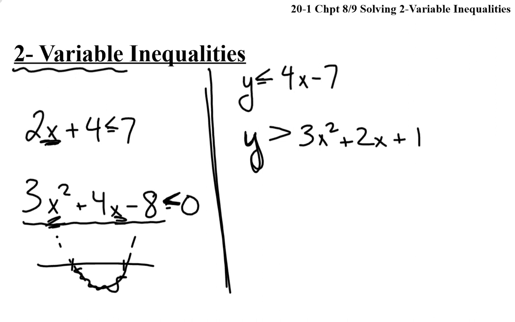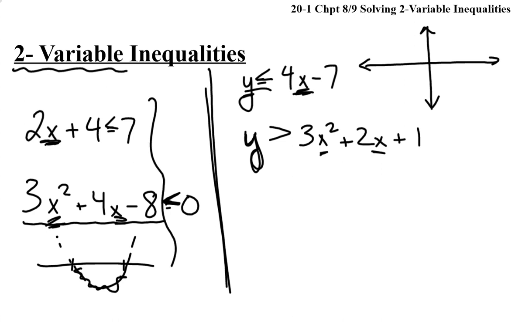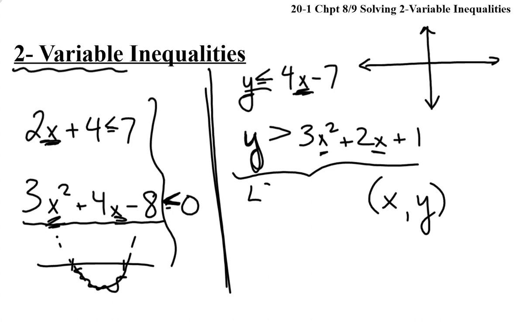Now we have x's and y's in each inequality. Because of that, we need x and y values, which is now putting us onto Cartesian grids. We need to come up with not just an x value like we did with single variable, we need to come up with x and y values that can be substituted in to suit the inequality.